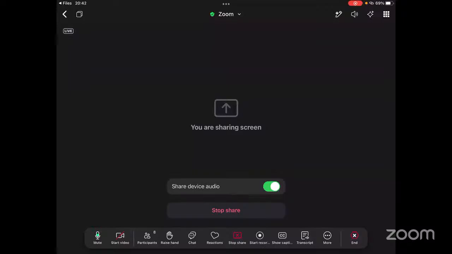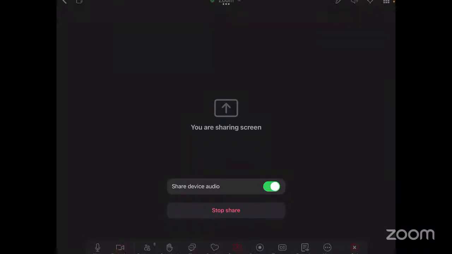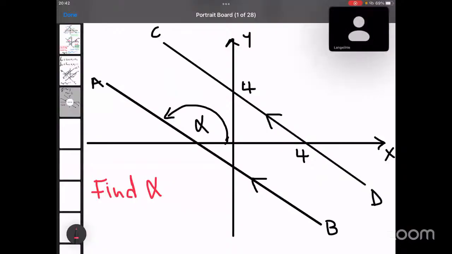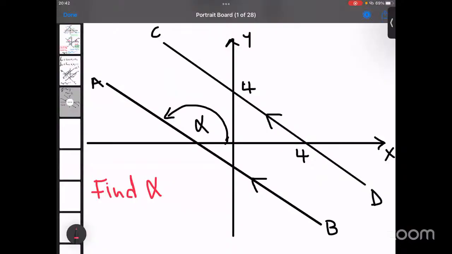Yes, Langlitley. So I just wanted to ask, so what topic is this, sir? So this one is that one of analytical geometry, that one of calculating the distance, the gradient, the midpoint, finding an equation of a straight line, determining the angle of inclination, and what else?